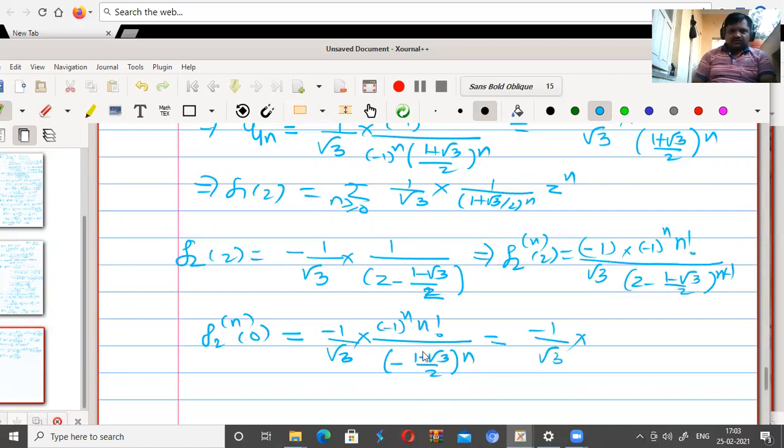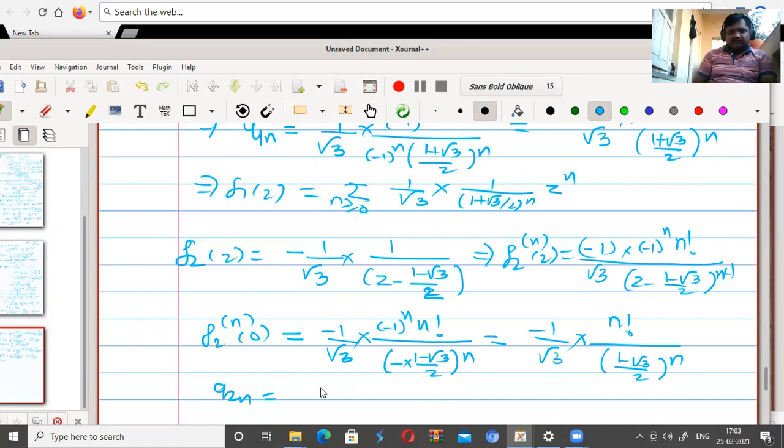Now here minus 1 raised to n I will take outside, and you will get minus 1 raised to n cancels with minus 1 raised to n, n factorial divided by 1 minus root 3 upon 2 to the power n. And therefore coefficients in the second Taylor series expansion, this is upon n factorial.